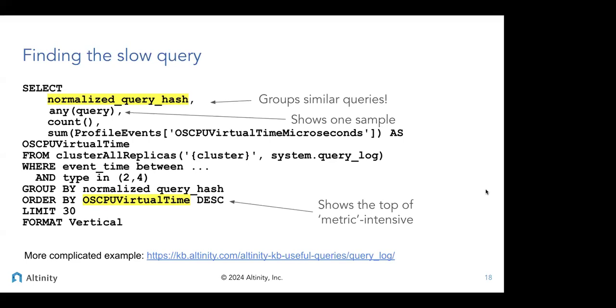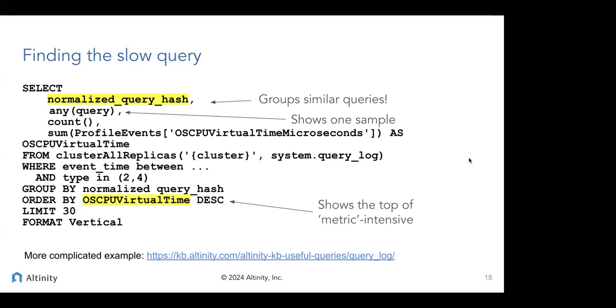How can we use that information? Usually after identifying that we have a problem with the CPU, where CPU usage is 100%, I can run a query like that. It reads the data from the query log cluster wide, and it groups all the queries by the field called normalized query hash.